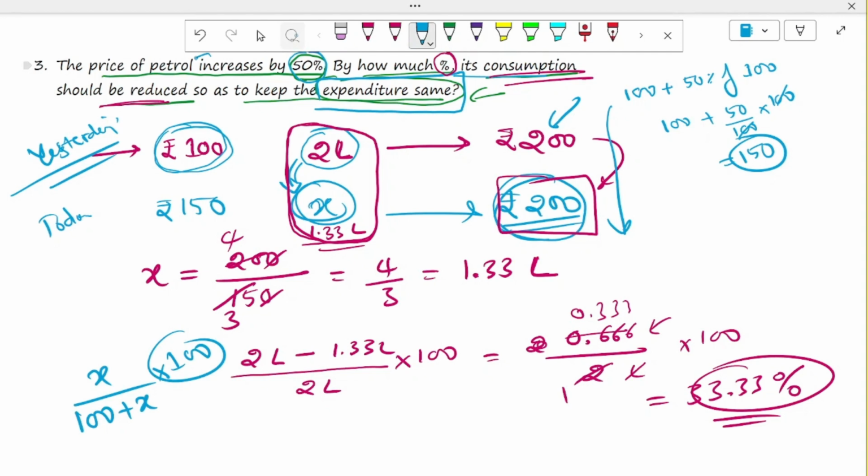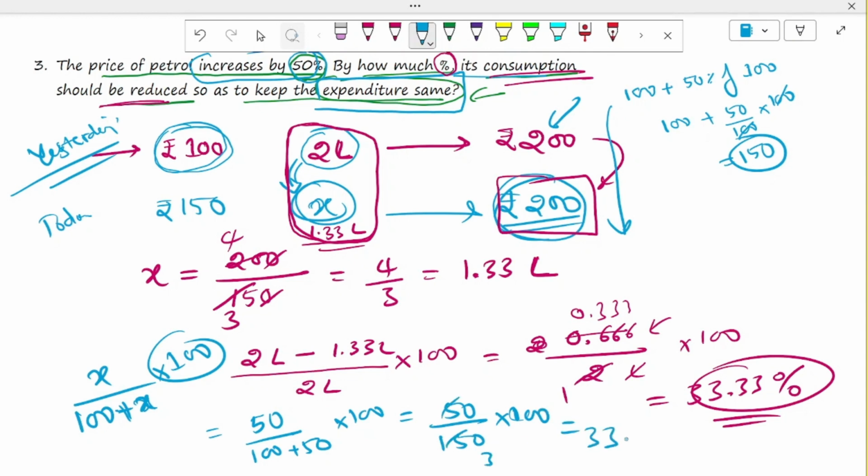Since there is an increase in the price, it will be plus here. So just put the x value as 50. 50 divided by 100 plus 50 into 100. This will give you 50 divided by 150 into 100, and this will be equal to 33.33%. This is a shortcut method to find the answer for such questions.